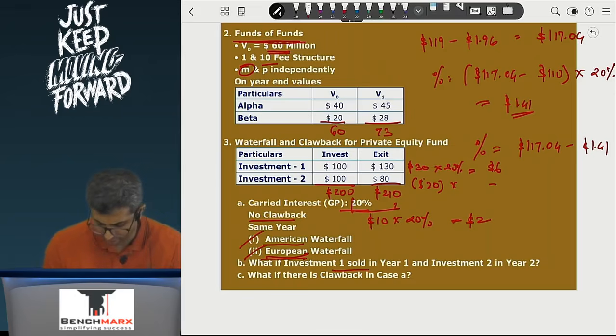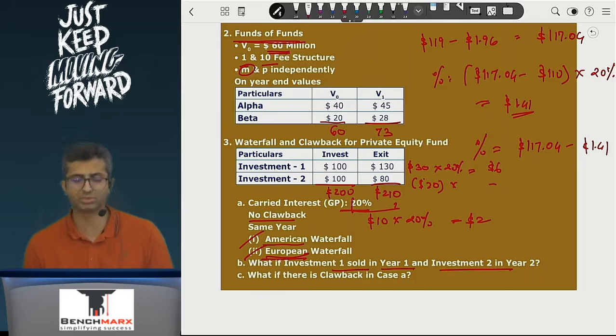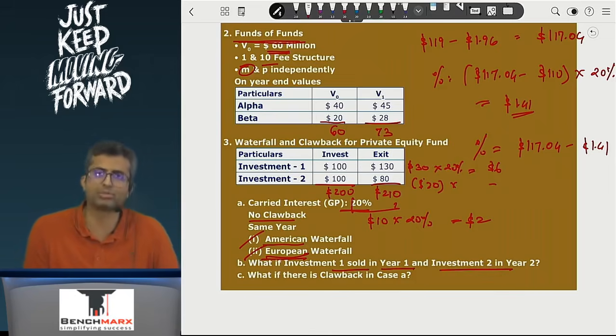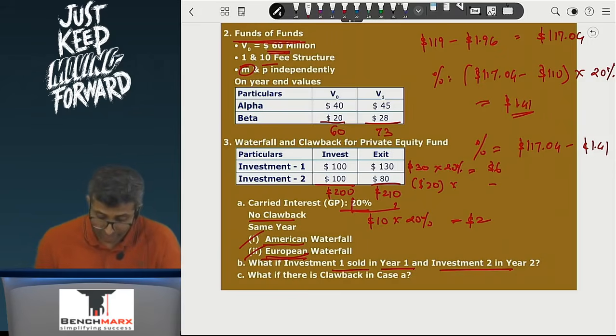What if investment 1 is sold in the first year and investment 2 in the second year? Then on the first investment in the first year, you will probably get $6, whether it is American or European, because it is the first year, and in the second year, if there is no clawback and there is a loss, there will be nothing else. However, what if there is a clawback clause in, let us say, case B?